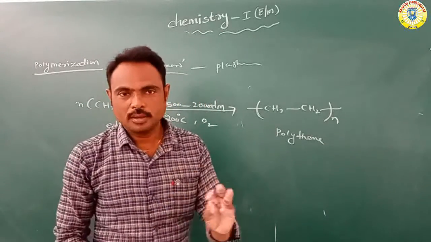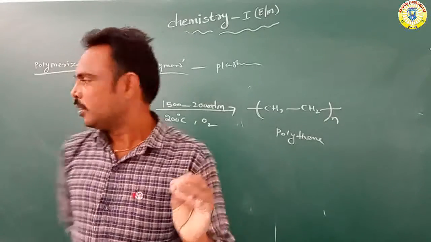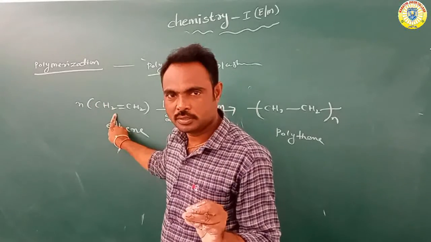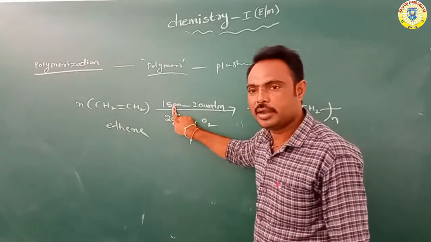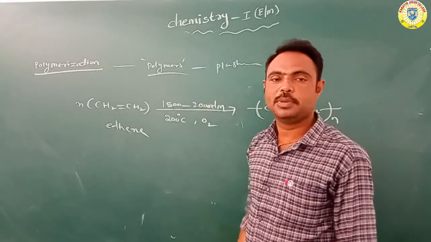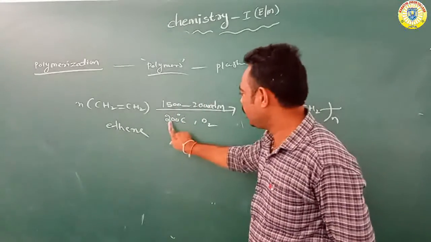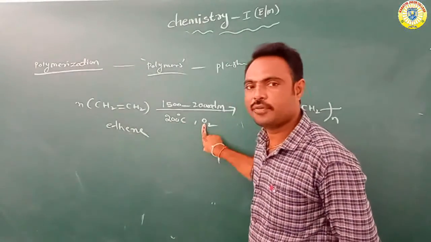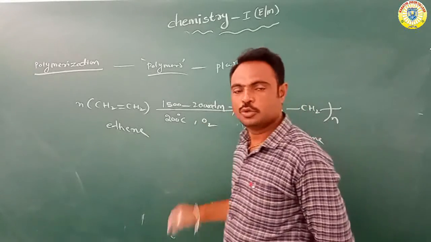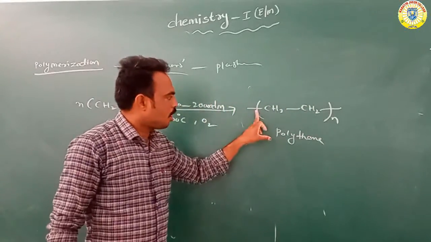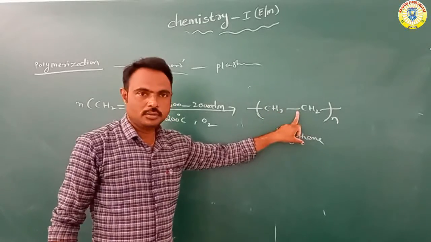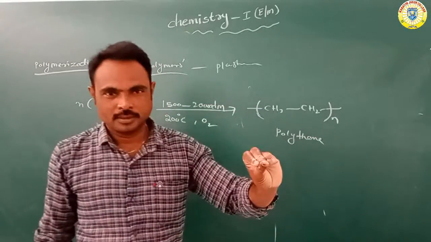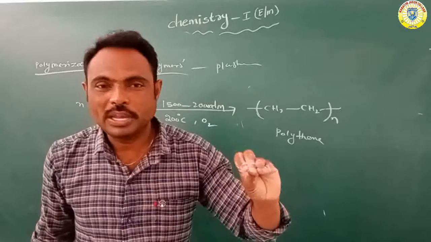Overall, we take a number of ethylene molecules and give 1500 to 2000 atmosphere pressure and 200 degrees centigrade temperature in the presence of an oxygen catalyst. It forms polythene or polyethylene.